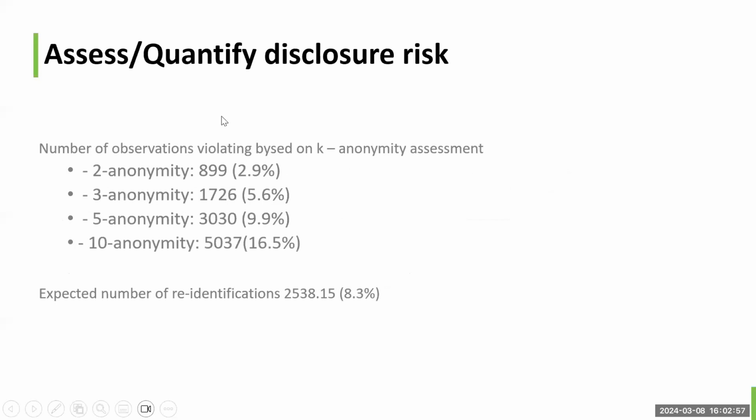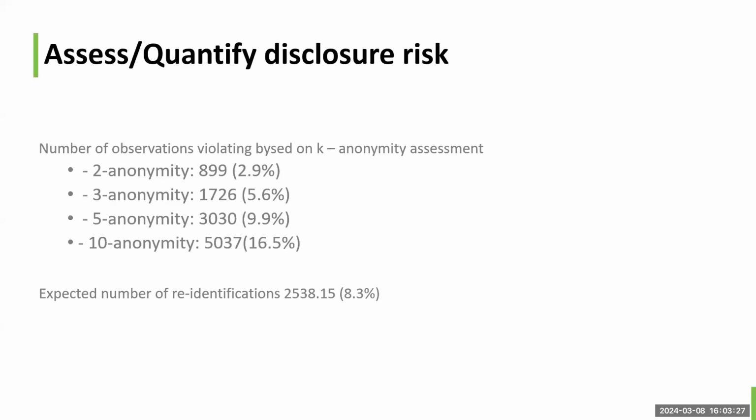Okay, so we said that we start by assessing the risk of disclosure. One of the methods that we used was to check for the categorical variables the number of observations violating what is called K anonymity. So K anonymity is when you combine the indirect identifiers.